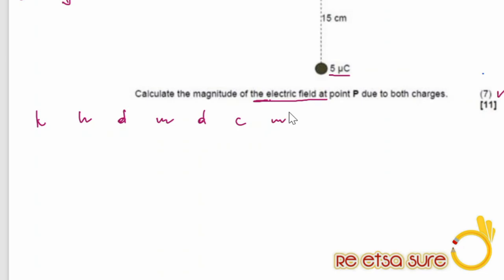This one is kilometer, meter, centimeter, millimeter. So our teacher used to say, King Henry died miserable death called malaria. King Henry died miserable death called malaria.